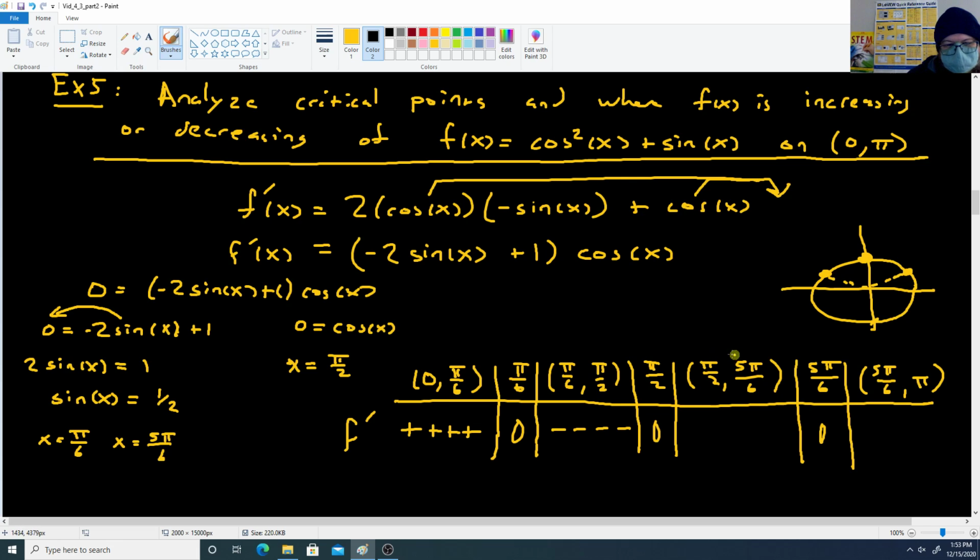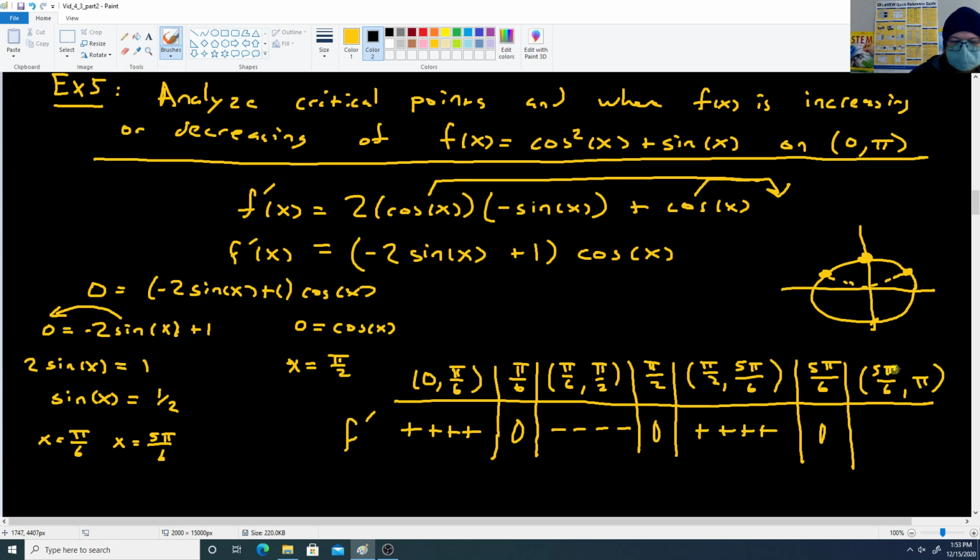I need something between pi over 2 and 5 pi over 6. I could do, I guess, 4 pi over 6. And we're back to positive. And then I need something between 5 pi over 6 and 6 pi over 6, which would be pi.